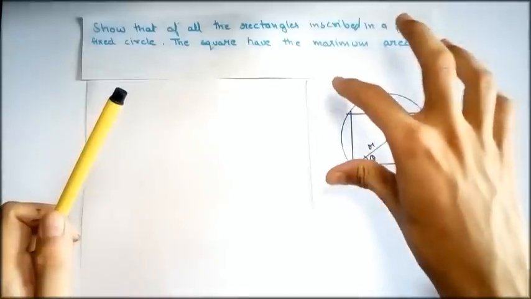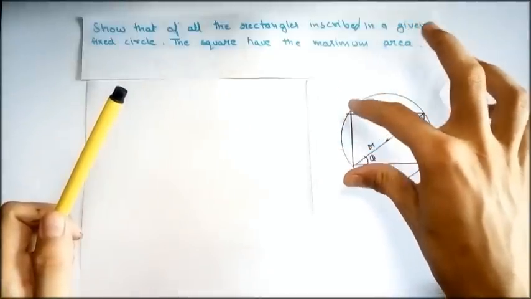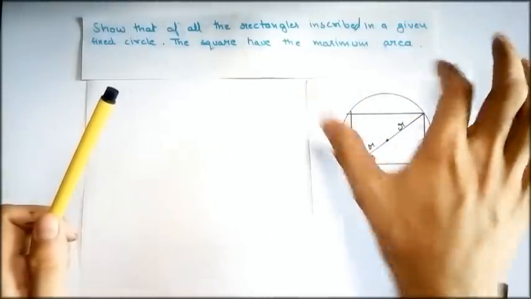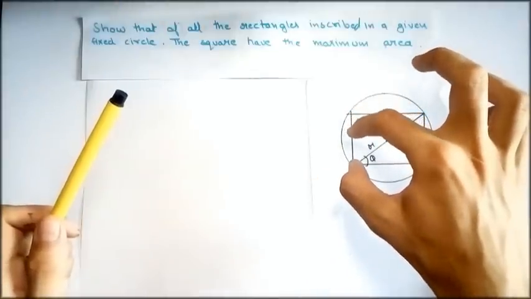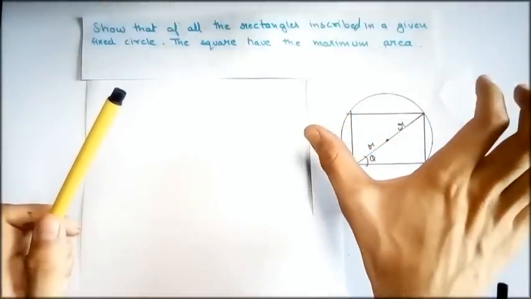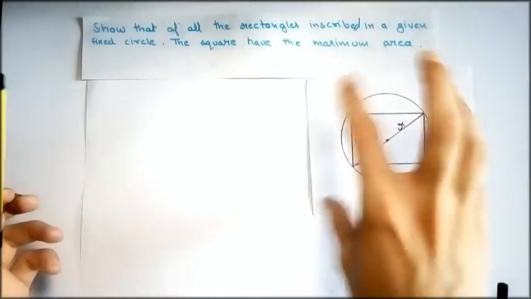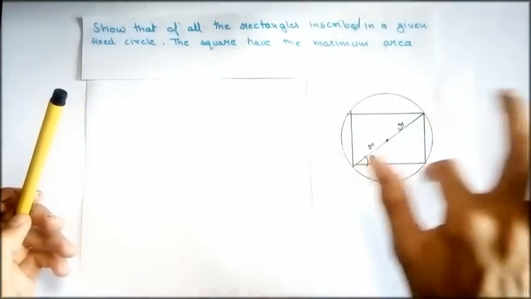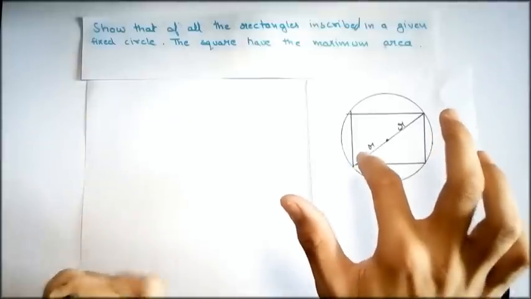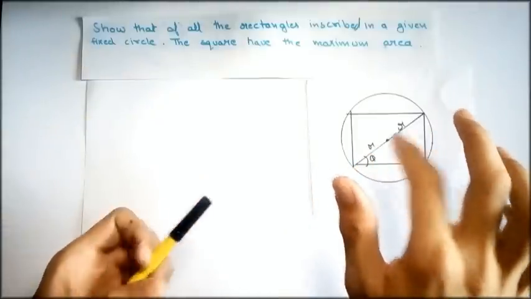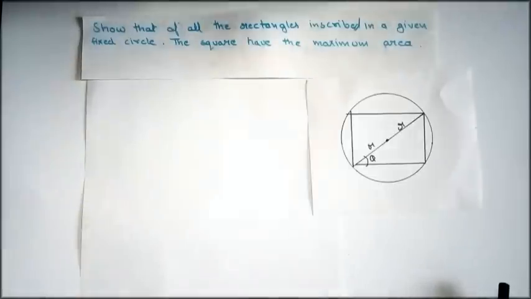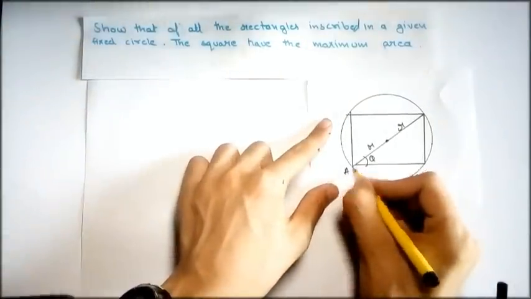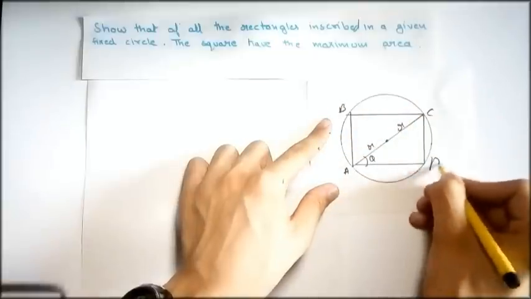This can grow smaller and this can grow larger, but the circle is fixed. If this decreases, this will increase. So we can't change the sides. The only thing that can change is the angle, that is theta. So in this question we will differentiate with respect to theta. So first let's name this rectangle, that is ABCD.